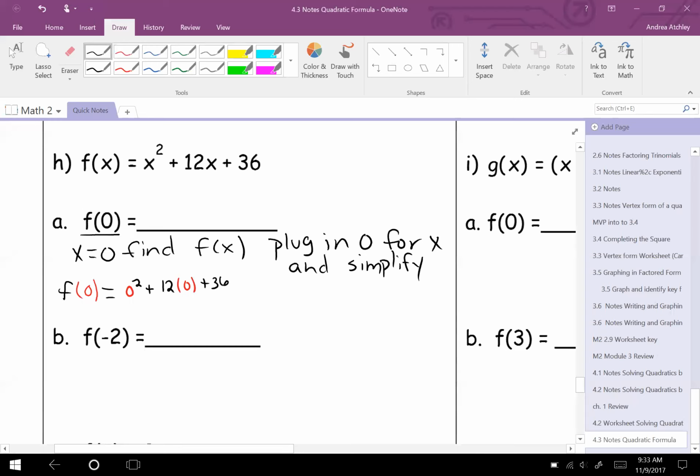Any questions over that? Okay, then just do the math. 0 squared is 0, plus 12 times 0 is 12, plus 36. What's 12 times 0? Thank you. 0, then plus 36. So f of 0 is 36.